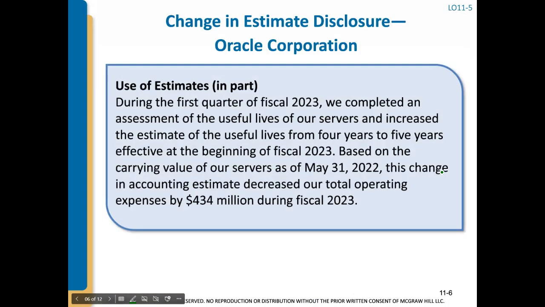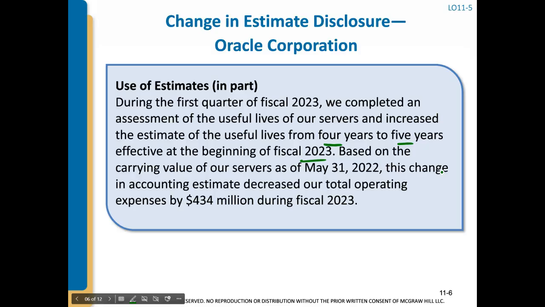Let's look at Oracle. They made a change in estimate, so let's see their note. It said, during the first quarter of fiscal year 2023, we completed an assessment of the useful life of our servers and increased the estimate of the useful life from 4 years to 5 years, effective the beginning of 2023.